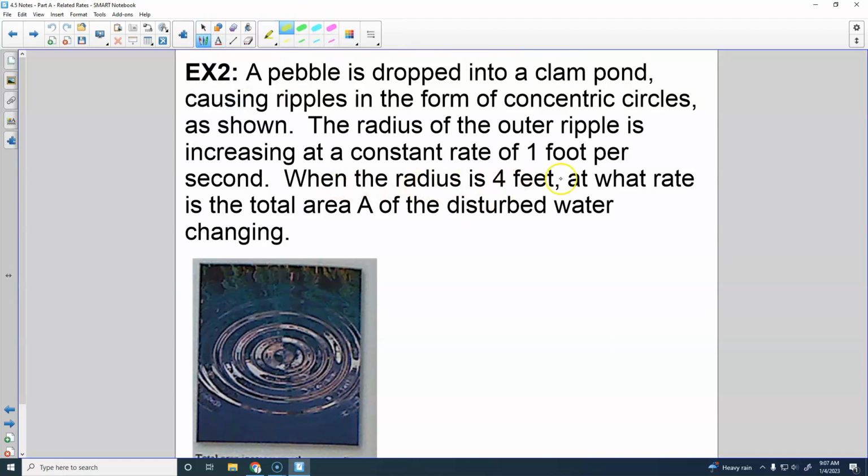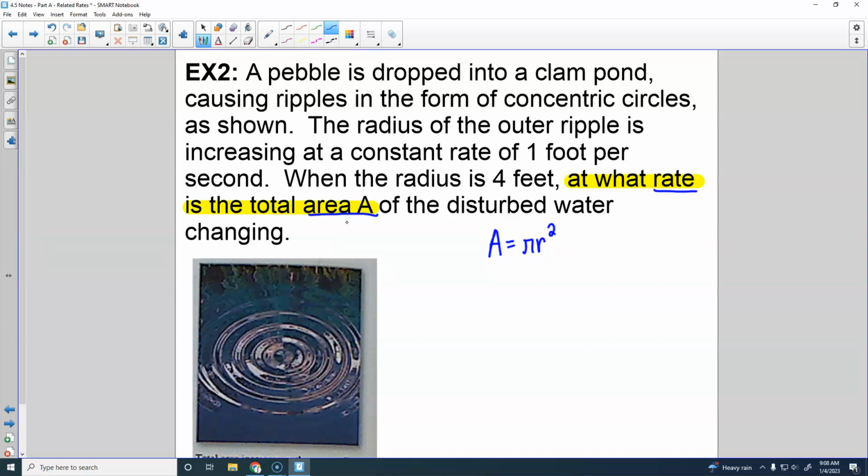And it says when the radius is 4, at what rate is the total area of the disturbed water changing? So we're looking at the rate of the area. If I'm looking at the formula A equals pi r squared, what is this question asking me to find? What variable?